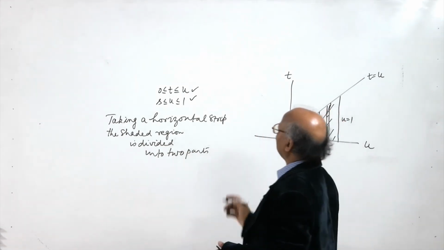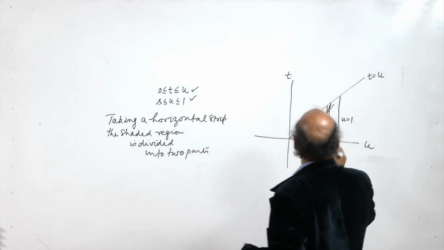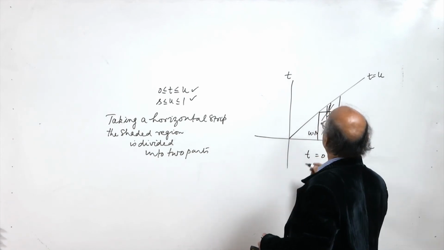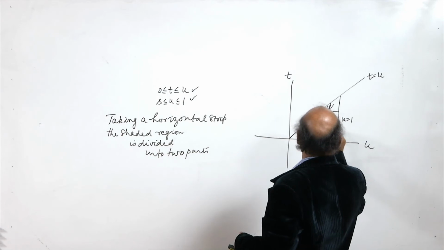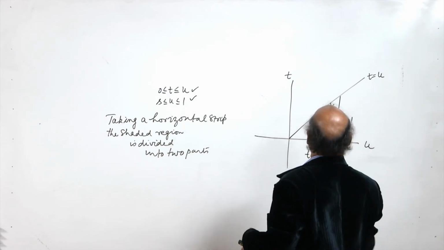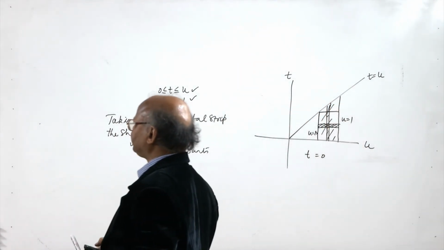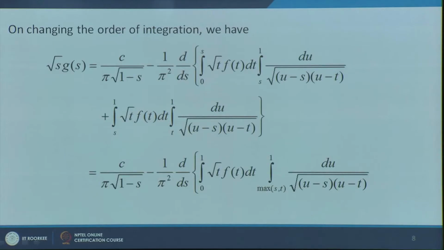Now when we want to change the order of integration, we will have to divide this region into two parts and take horizontal strips. So in this part, when we take the horizontal strip, you can see that u varies from s to 1 and t varies from 0 to t equal to s.